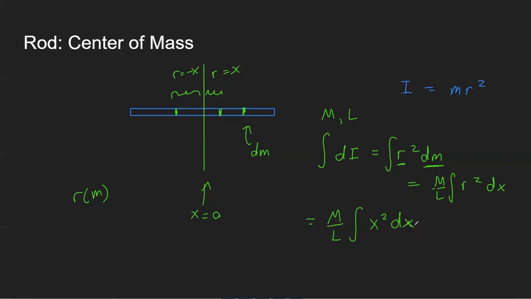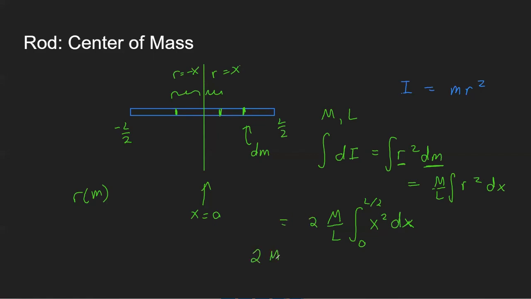Finally, our last step is to determine the bounds of integration. Here we have two choices. One option is to integrate from minus L over 2 to L over 2. The other is to use symmetry, integrate from 0 to L over 2, and multiply by 2, which I will go ahead and do.